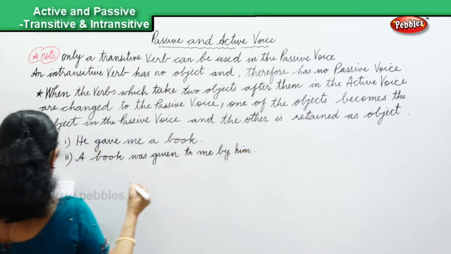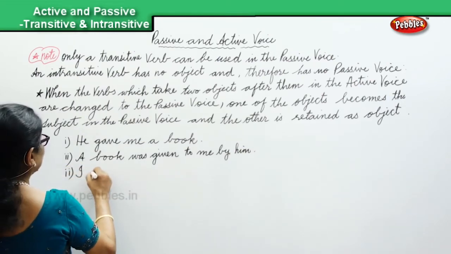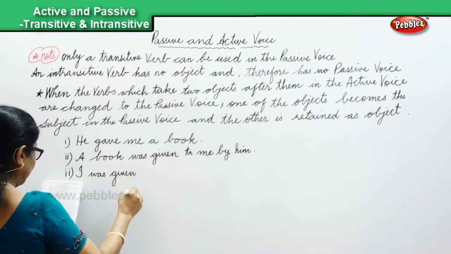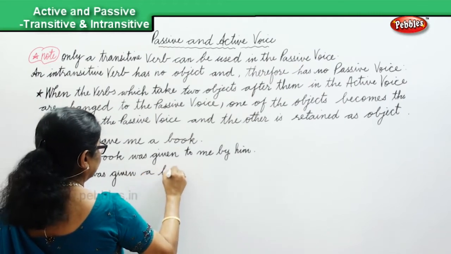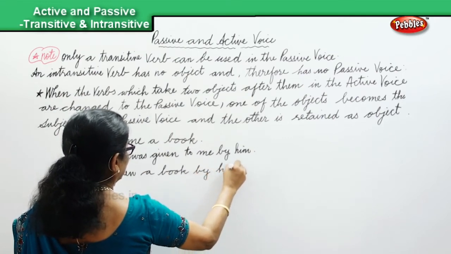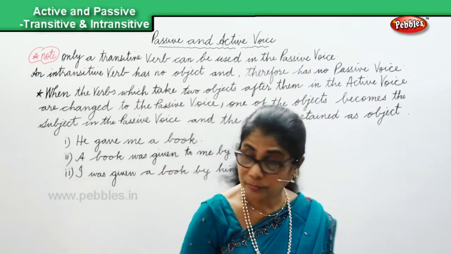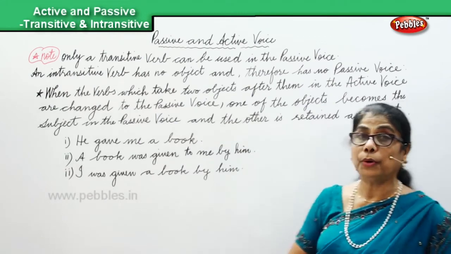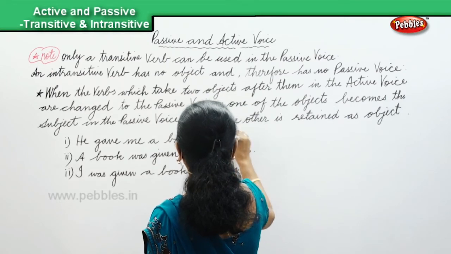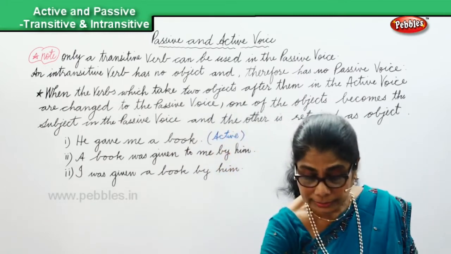Now, you can also say, I was given a book by him. Okay. Now, he gave me a book, that is in the active voice.